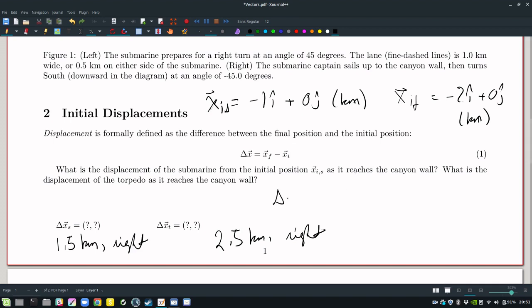How do we get that? Well, the final position is, again, 1/2 i plus 0 j minus -2 i plus 0 j, and everything's in kilometers. That's the relevant unit. And so here we have minus -2, so it's 2.5 kilometers to the right.